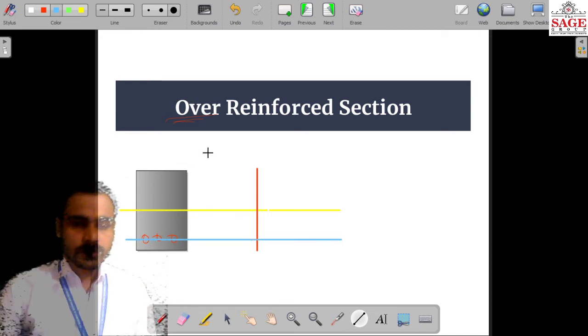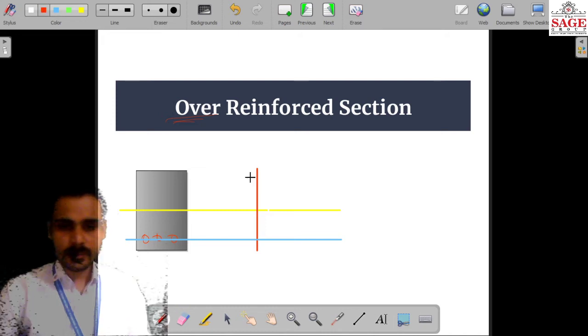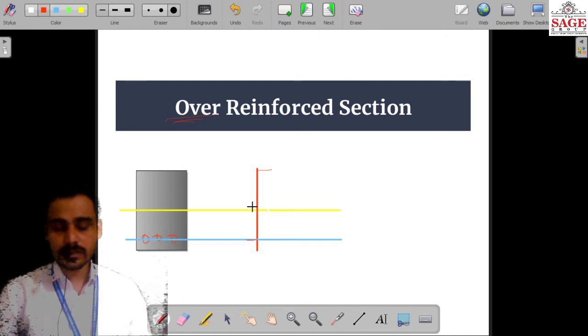So if we apply the load on that particular type of section, what will happen? Strain will occur on concrete and strain will occur on steel also. Remember, here the amount of concrete is reduced as compared to the balance section, which means the amount of steel is increased.